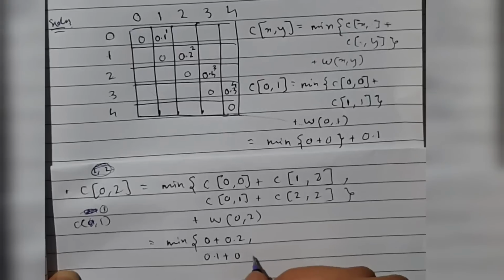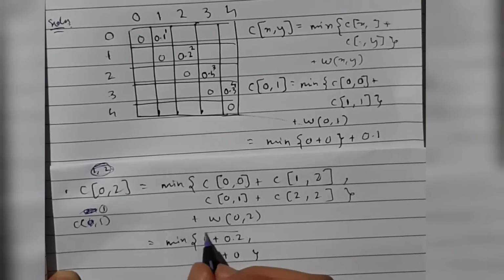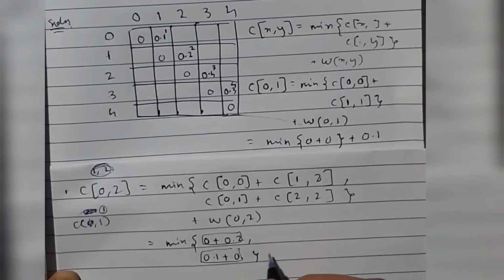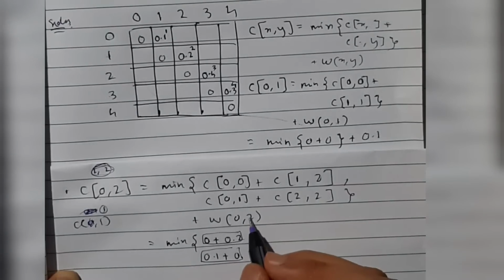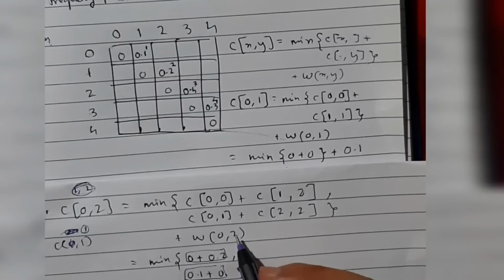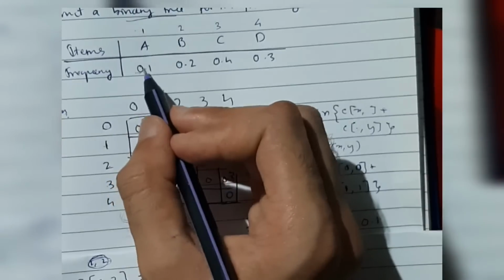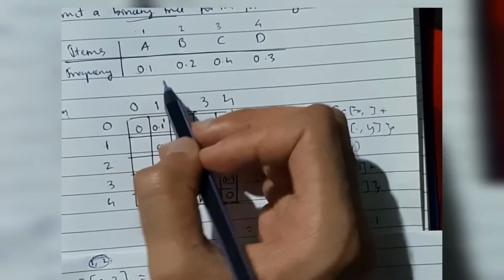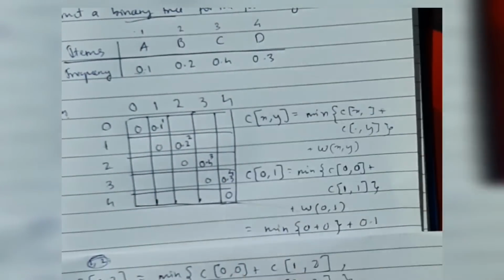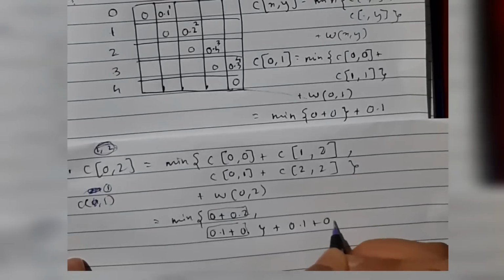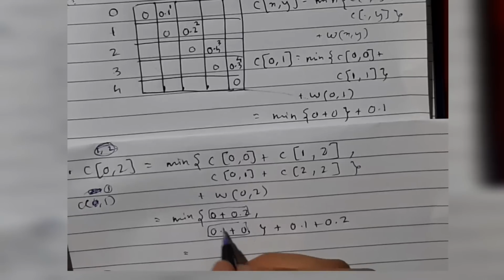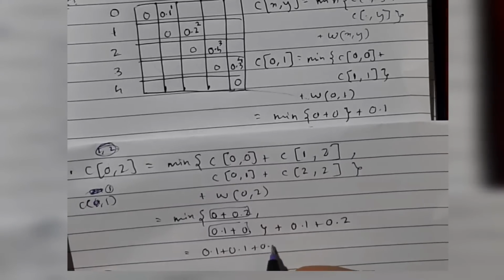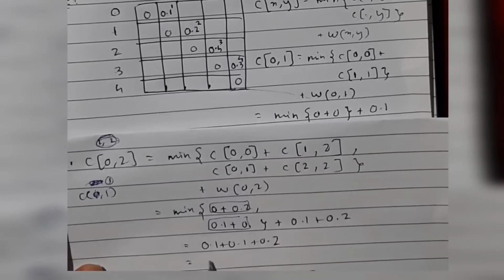Now after getting this, we'll have to find out the minimum among these two, and add it with W of 0 to 2. 0 to 2 means we have to sum all the frequencies from 0 to 2, that is the frequency of 1 and 2 combined, 0.1 plus 0.2. Then finding out the minimum among these two, we get 0.1 as the minimum. Plus this one, 0.1 plus 0.2. The answer we get here is 0.4.